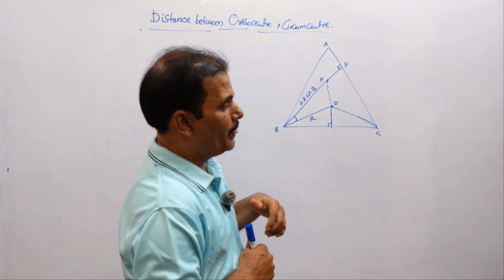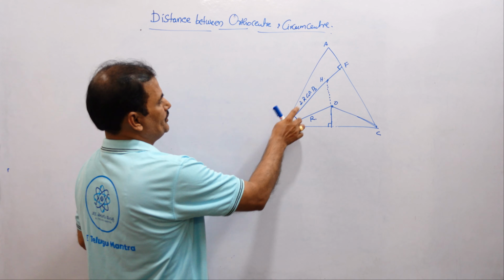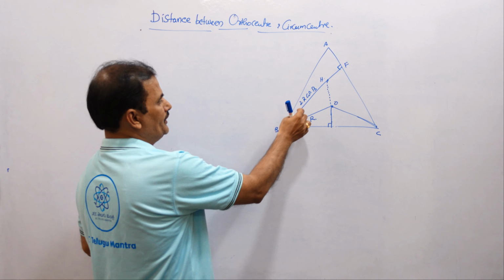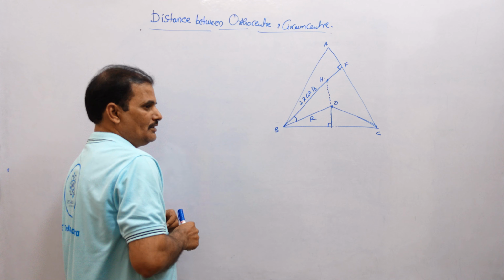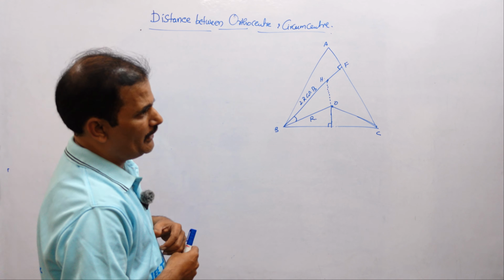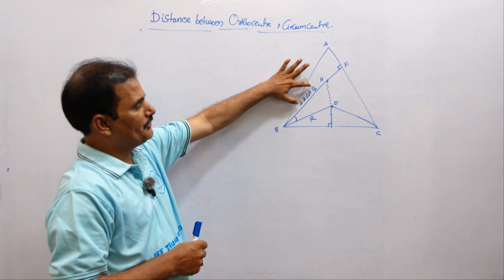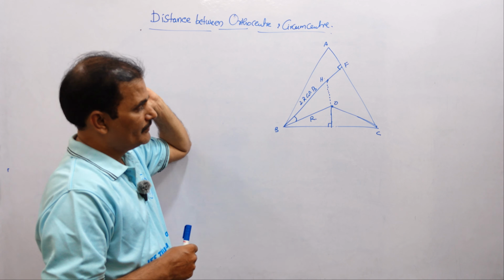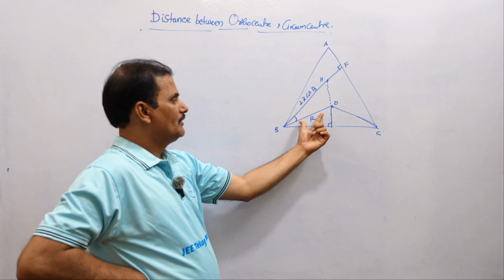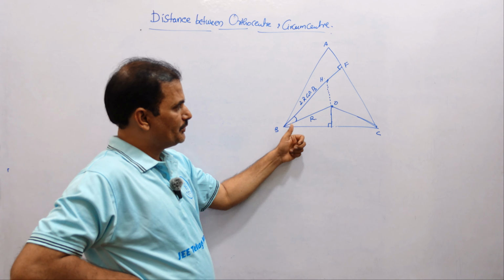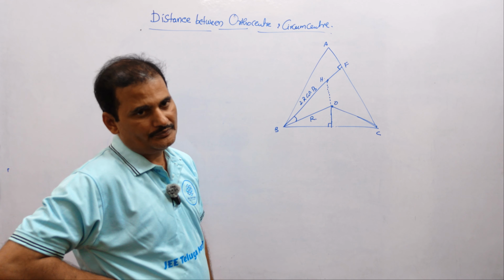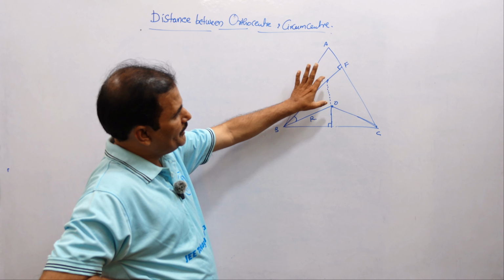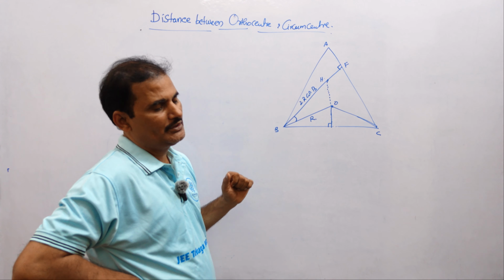In that only, the distance from the vertex B to the orthocenter is 2R cos B. This is the distance from the vertices to the orthocenter, and this is the distance from the vertices to the circumcenter. Why do I want these two? Because we want to find out the distance from O to H.